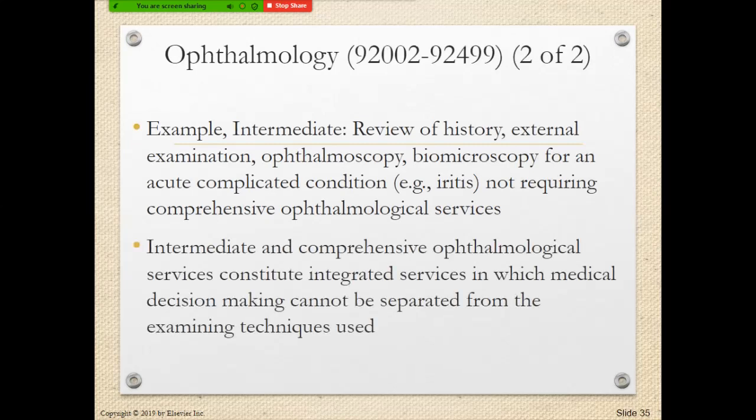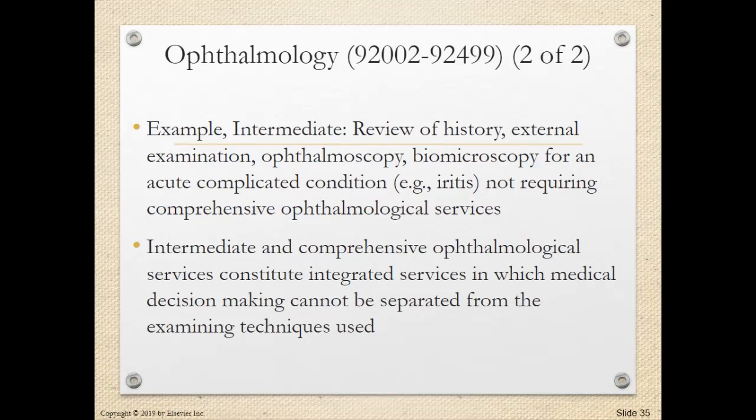Okay, ophthalmology 92002 through 92499. Example, intermediate is a review of history, external examination, biomicroscopy for an acute complicated condition, for example iritis, not requiring comprehensive ophthalmological services.